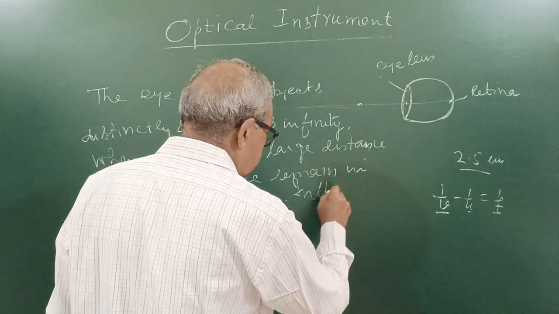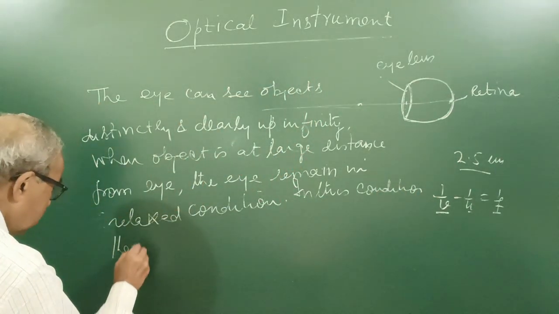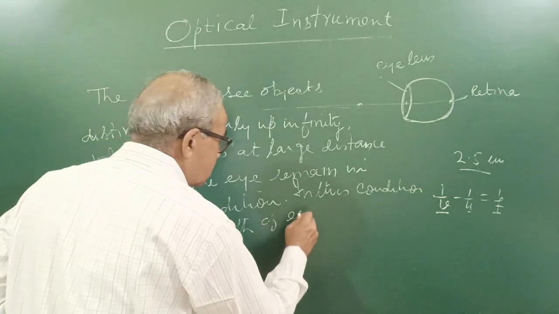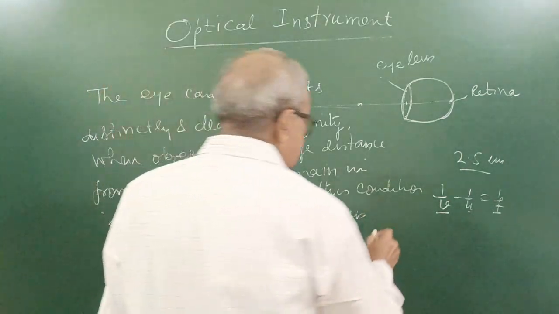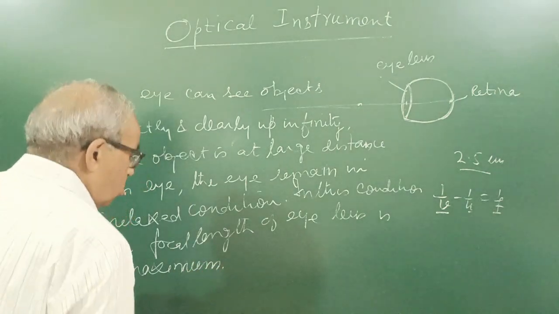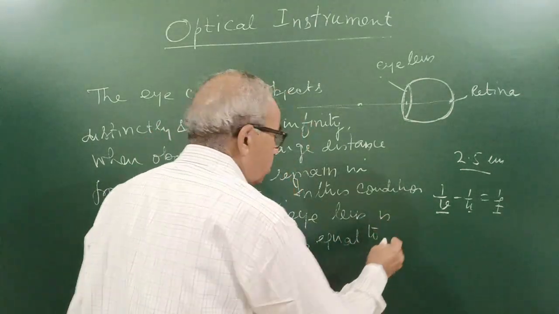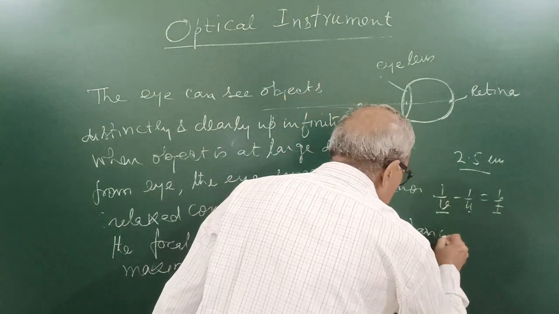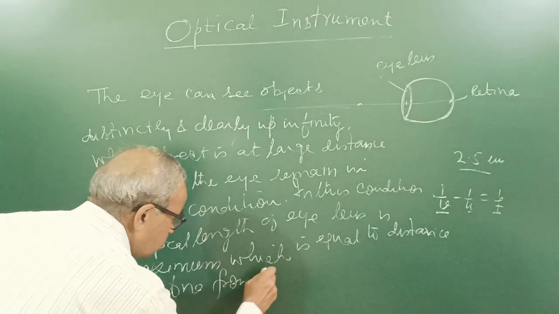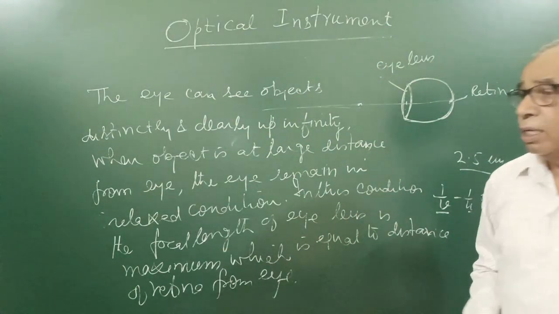In this condition, the focal length of the eye lens is maximum, which is equal to the distance of the retina from the eye. The distance of the retina from the eye is the maximum focal length.